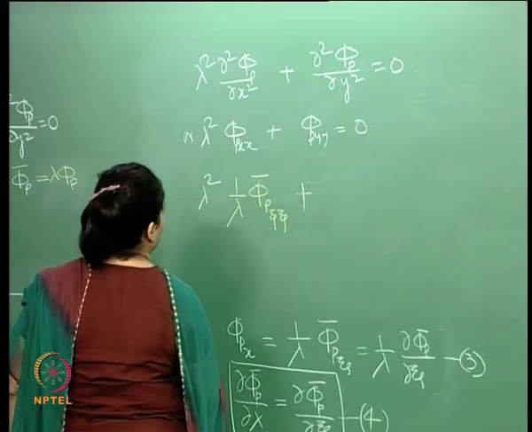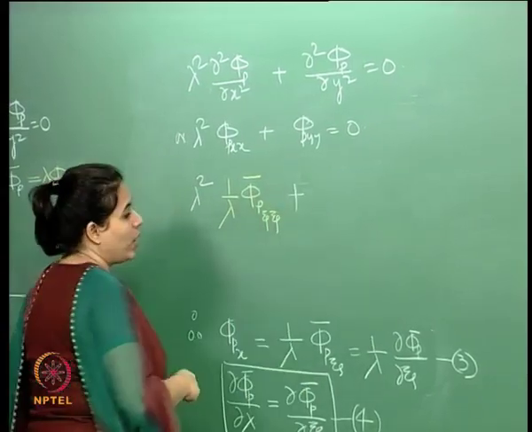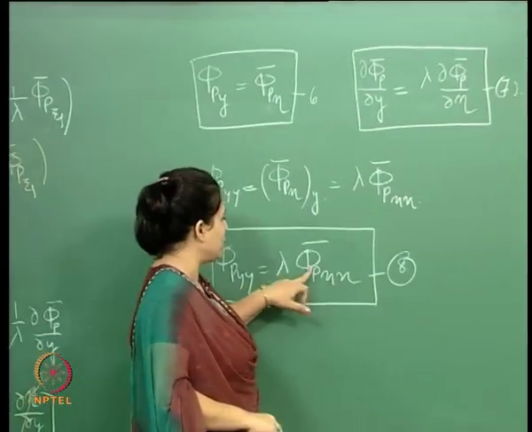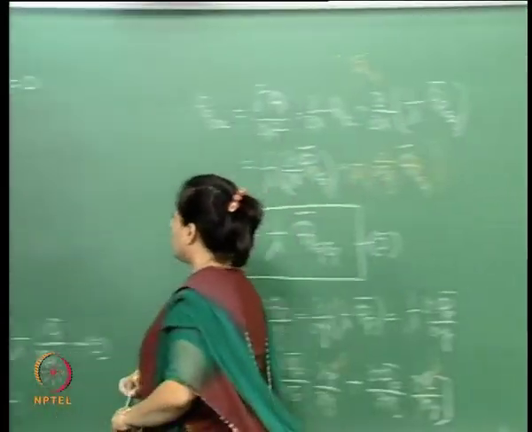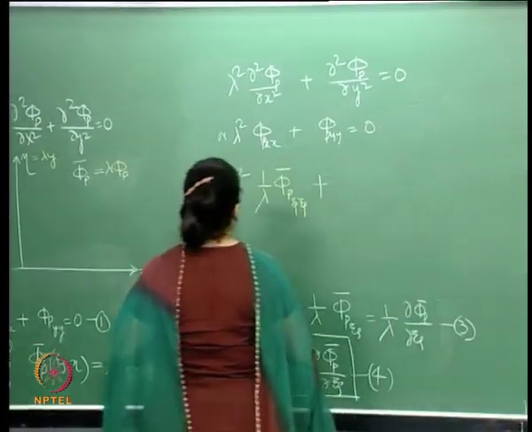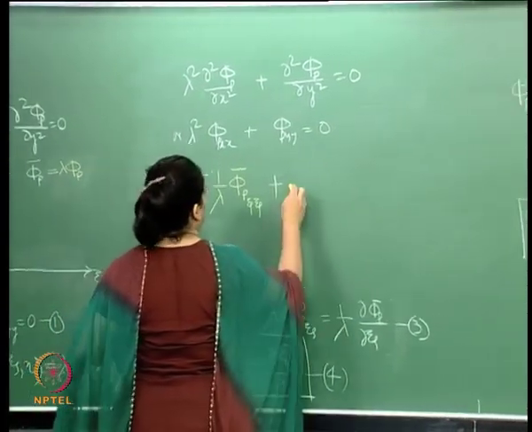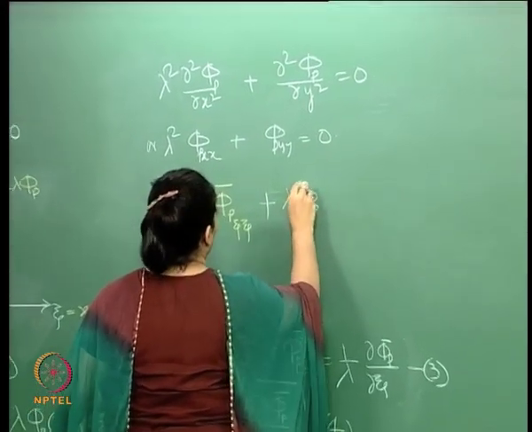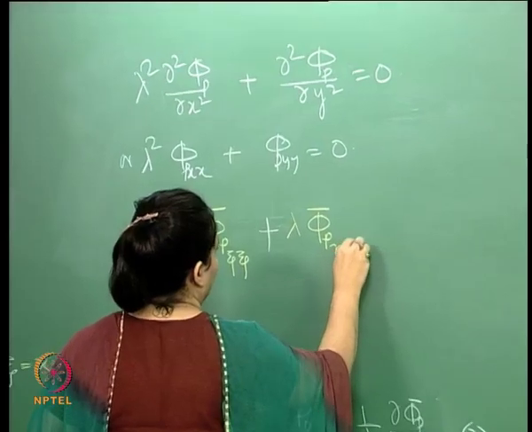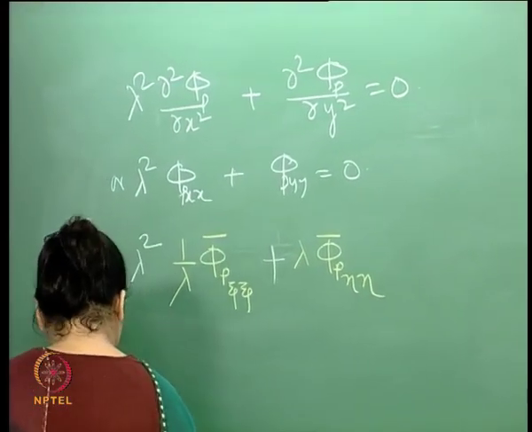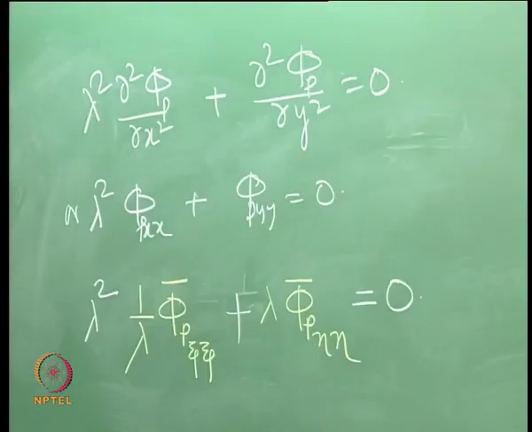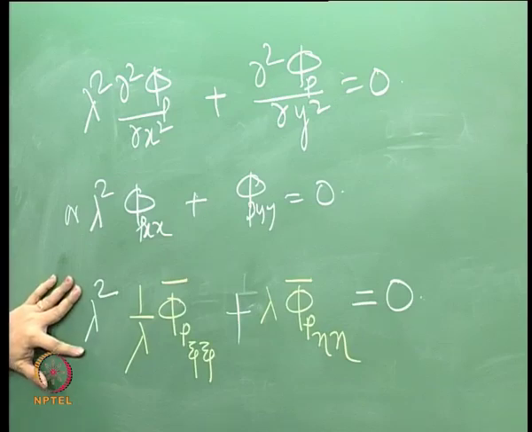And what happens to the next one, phi p y y? Phi p y y is lambda into phi p eta eta. So again this is equal to lambda into phi p bar eta eta, right. So, this is our xy coordinate system and this is our transformed coordinate system.